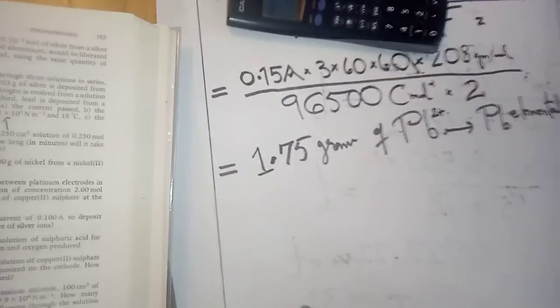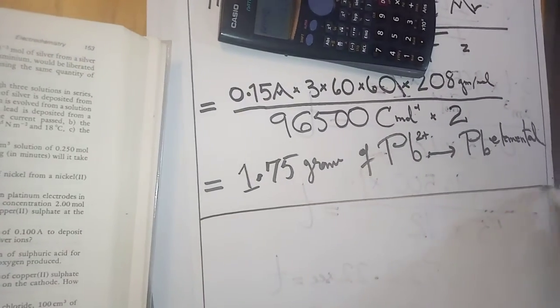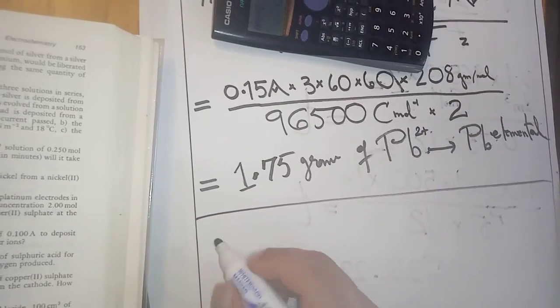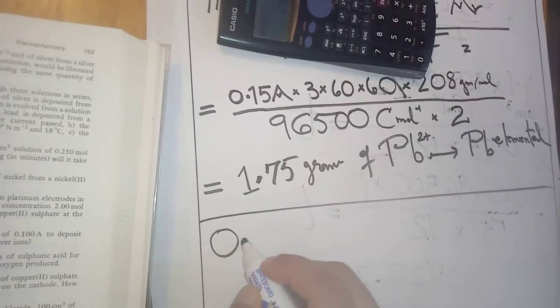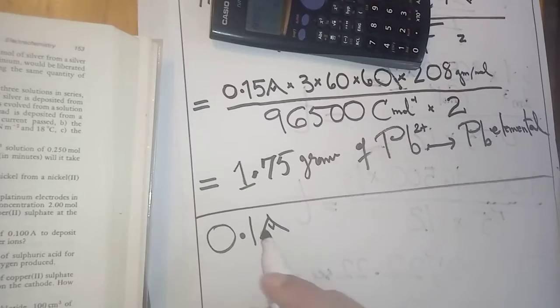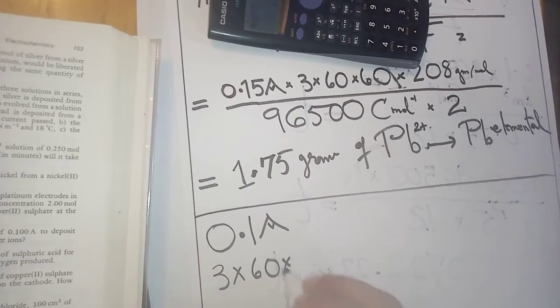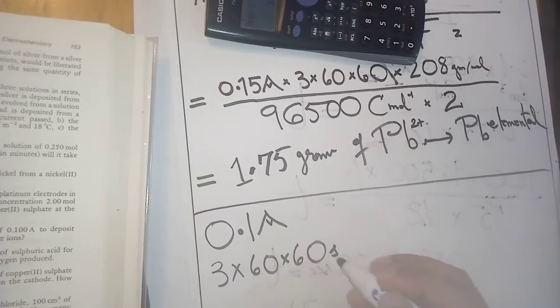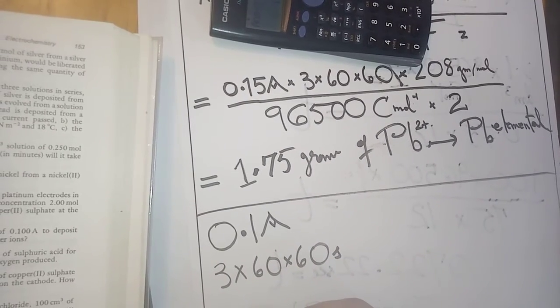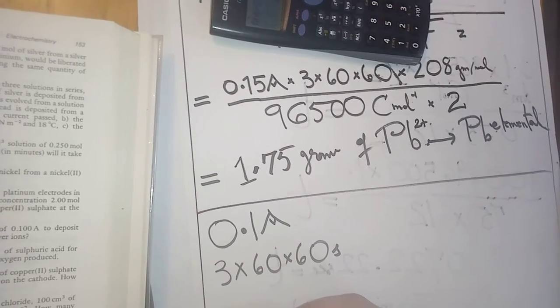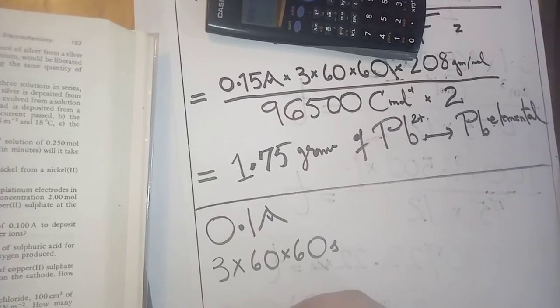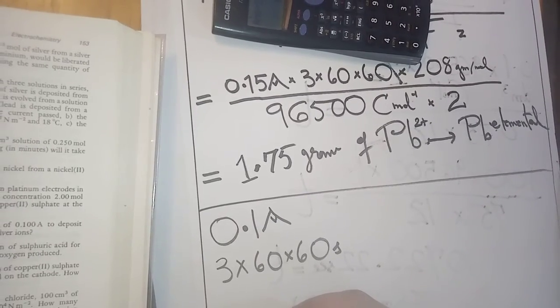The last question is the current of 0.1 amps for 3 hours passing through a solution of dilute sulfuric acid. How much volume of oxygen gas in dm cubed at STP would evolve at the anode?